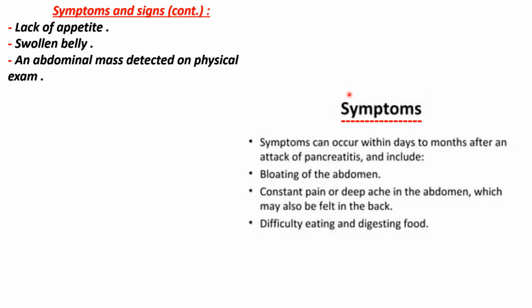The symptoms of pancreatic pseudocysts can occur within days to months after an attack of pancreatitis and include bloating of the abdomen, constant pain or deep ache in the abdomen, which may also be felt in the back, and difficulty eating and digesting food.